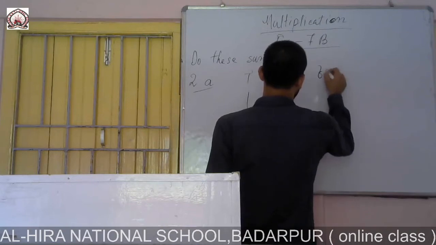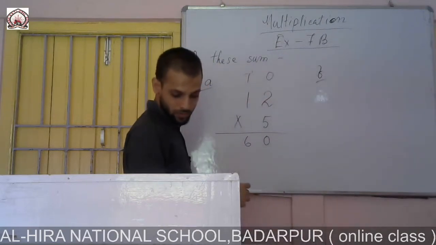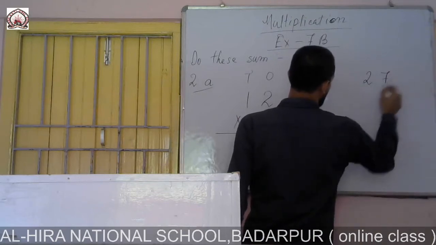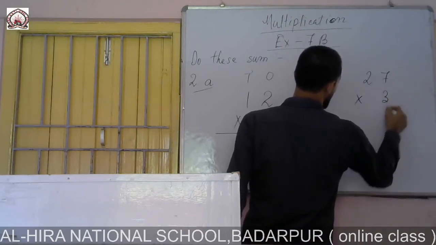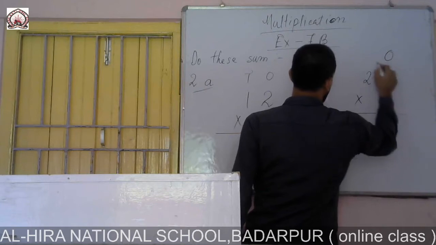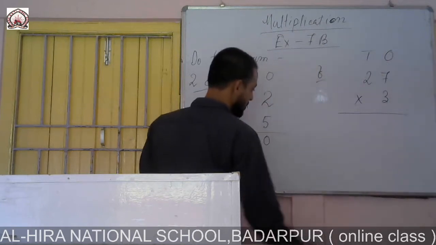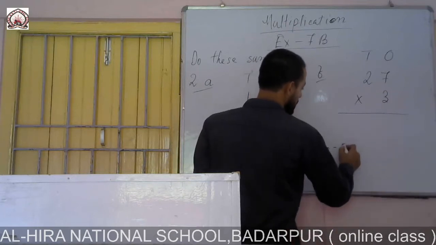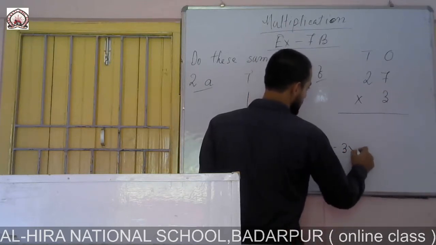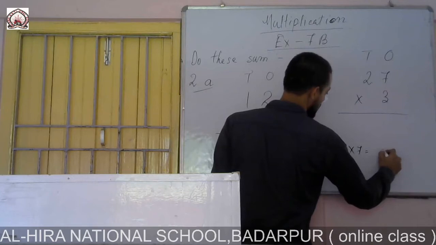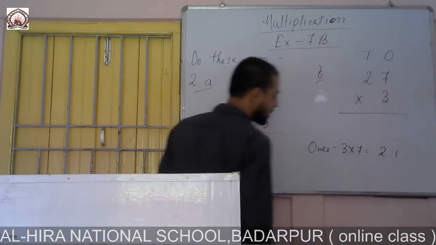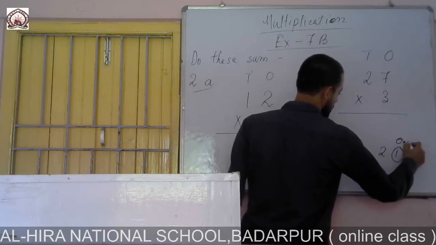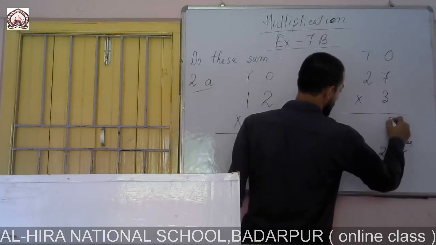Now 2f. 27 multiplied by 3. So here this is the ones place and this is the tens place. So we have to multiply ones place at first. So 3 into ones place, that is 3 into 7 equals to what? 21. This 1 will be in which place?